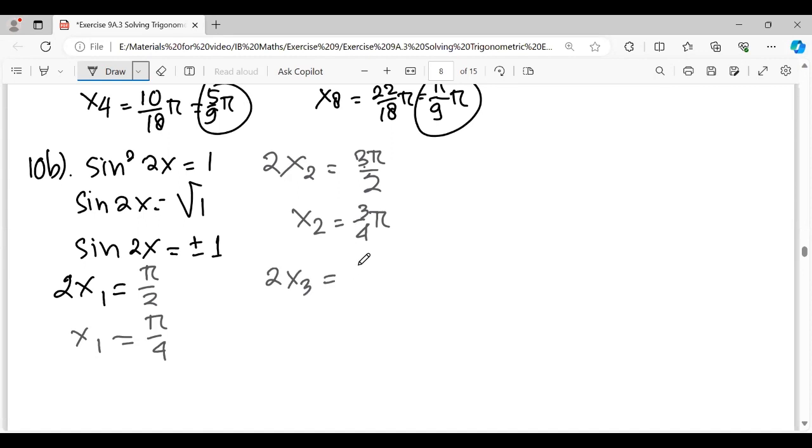X3 now. 2x3 is 3 pi over 2 plus pi, 5 half pi, so x3 equals 5/4 pi.